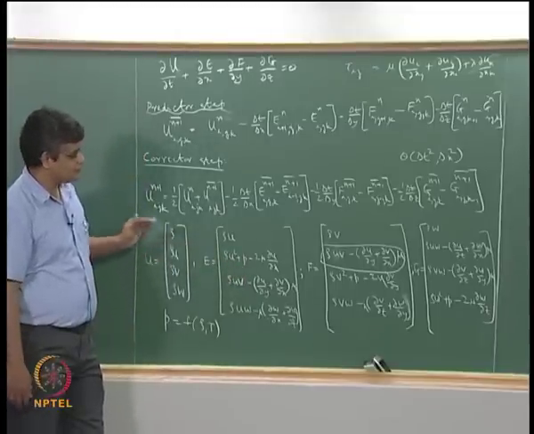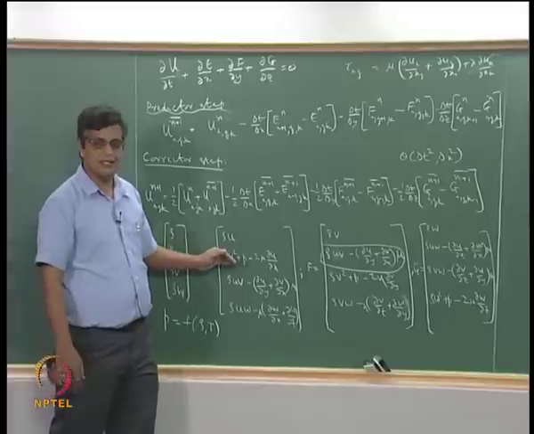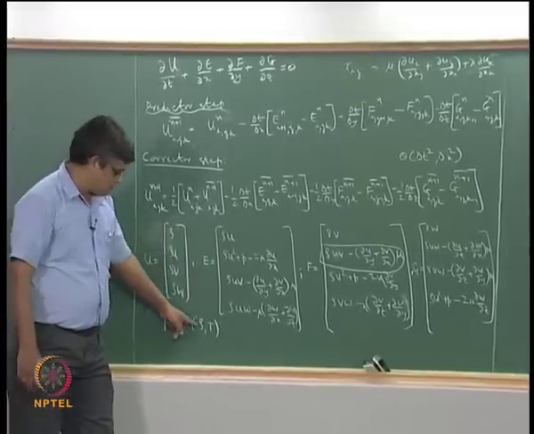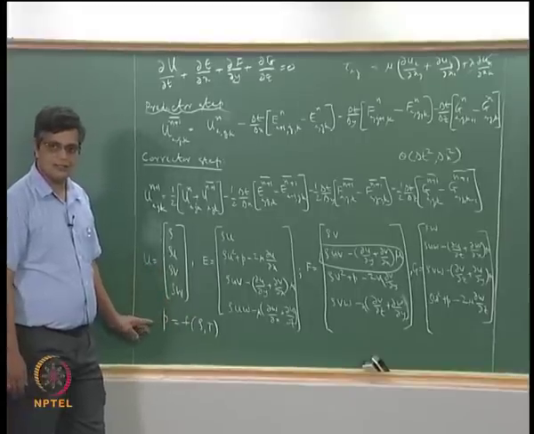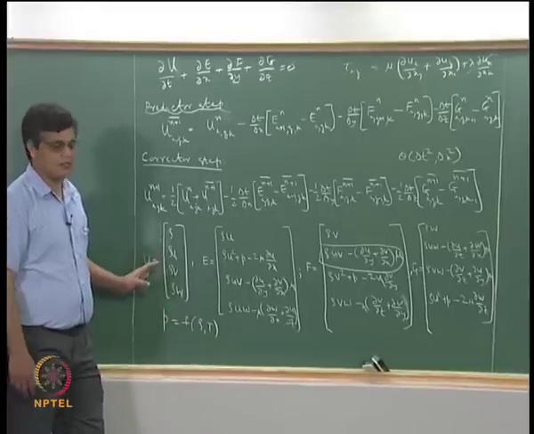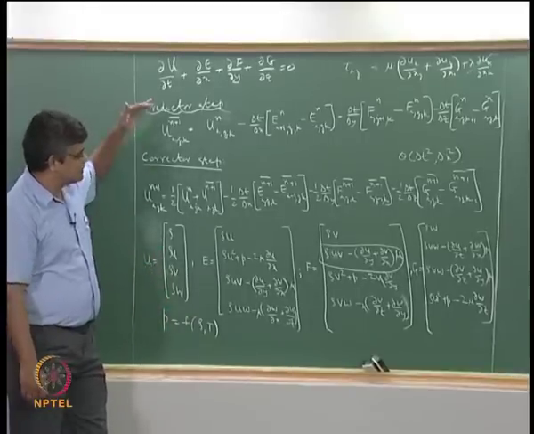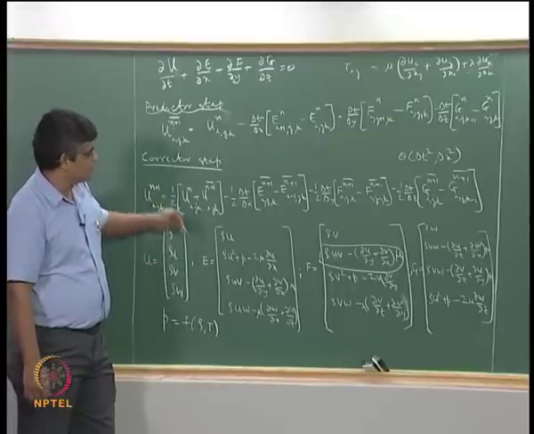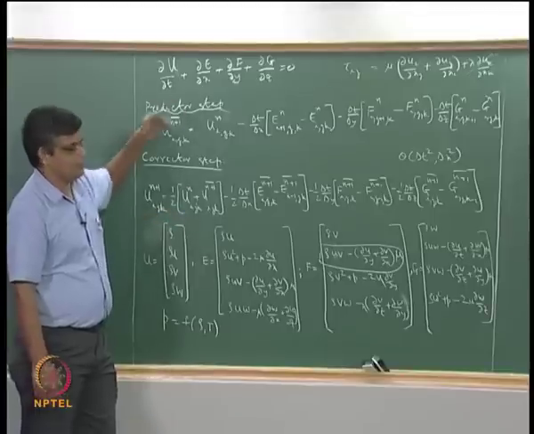So although the pressure is a nonlinear variable in terms of the density through the equation of state for that particular fluid, as far as the equations are concerned here, it is not appearing as a source term where it is a function of phi.